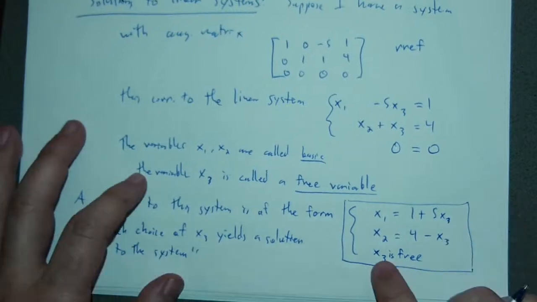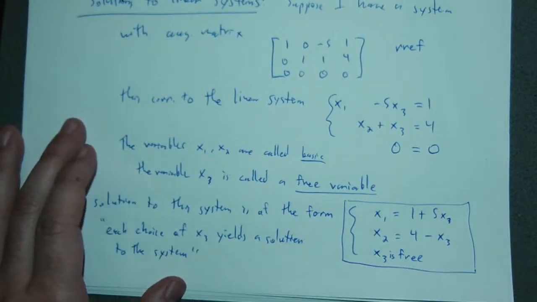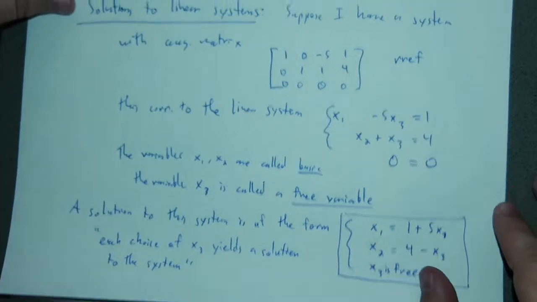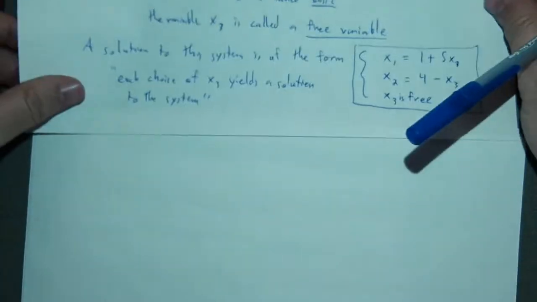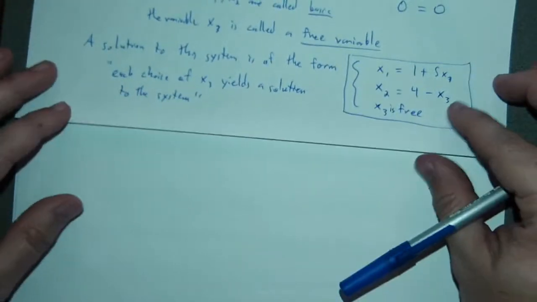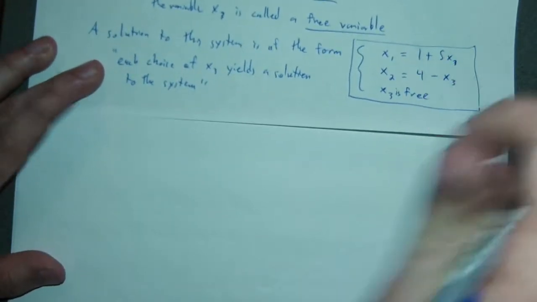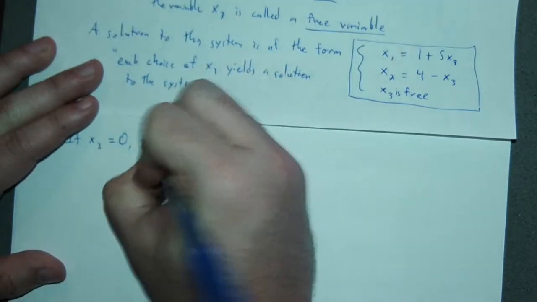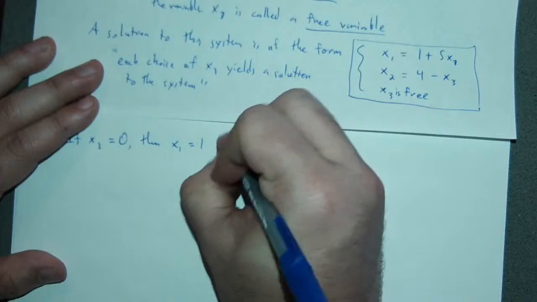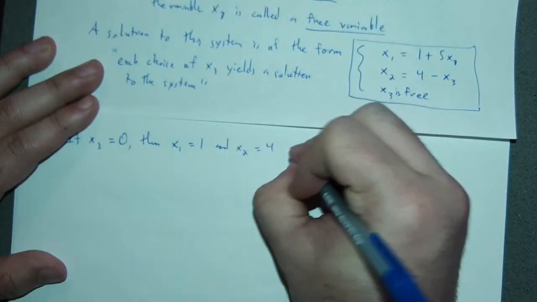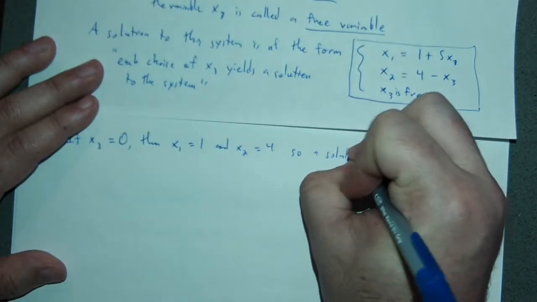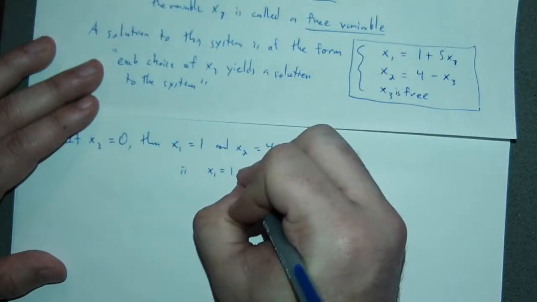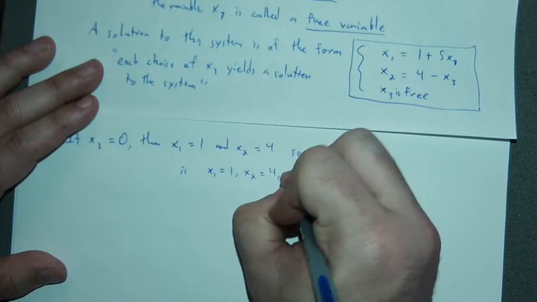So when x sub 3 is 0, what's my solution? It's 1, 4, 0. Maybe I should do that on another sheet really quickly. So I'm going to leave that here. Okay, so then on this other sheet, if x sub 3 is equal to 0, then x sub 1 is equal to 1 and x sub 2 is equal to 4. So a solution is x sub 1 equals 1, x sub 2 equals 4, x sub 3 equals 0.